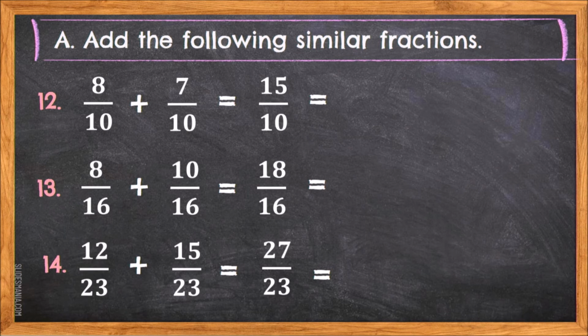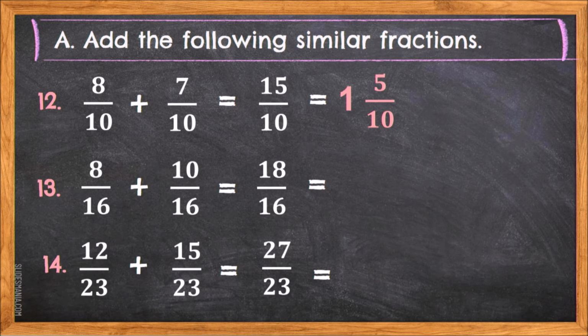Next, question number 12, we have 8/10 plus 7/10 is equal to 15/10. Okay, kids, again, we have here an improper fraction. So we will divide 15 by 10 and the mixed number will be 1 5/10. Okay, 15/10 is equivalent to 1 5/10. Next, number 13, 8/16 plus 10/16 is equal to 18/16.